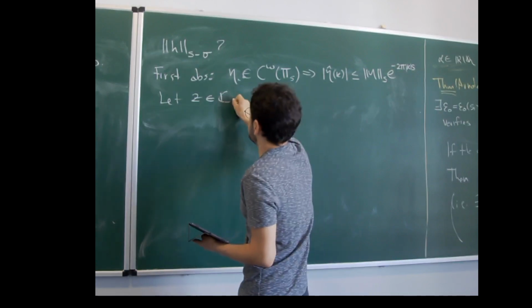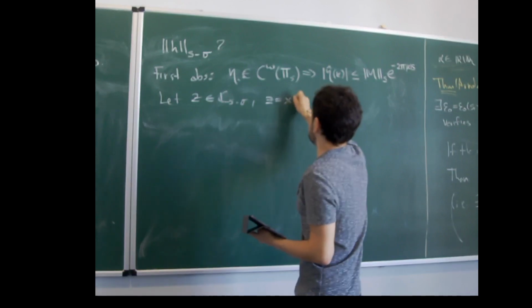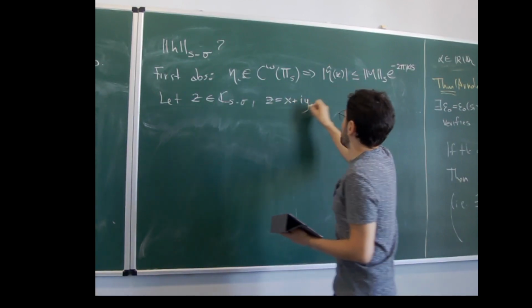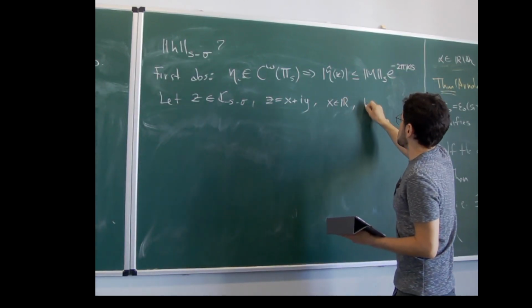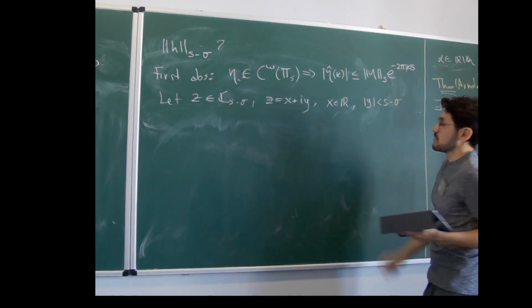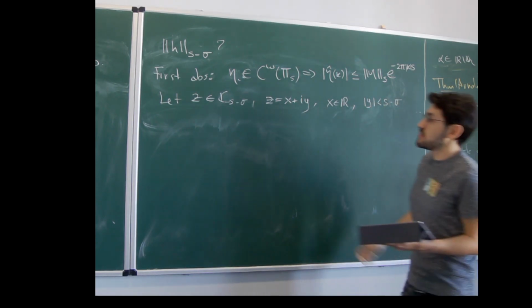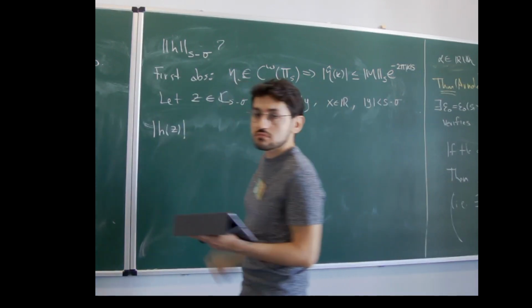So let me say I have someone here. I will write it as x plus I y, where x is just real, and y is smaller than s minus sigma. And I will try to estimate what will be the norm of this.